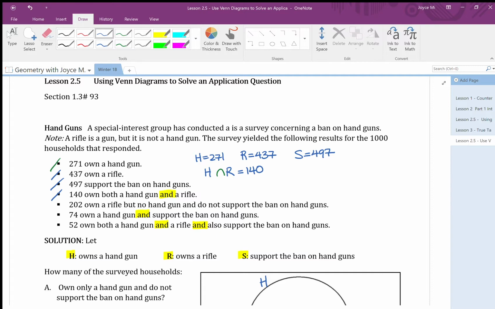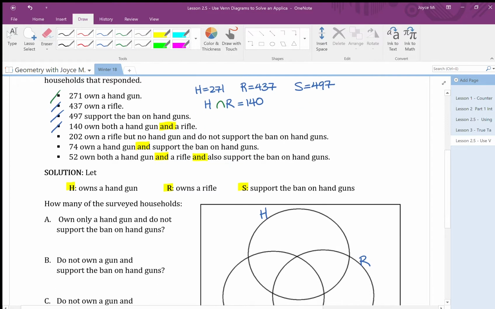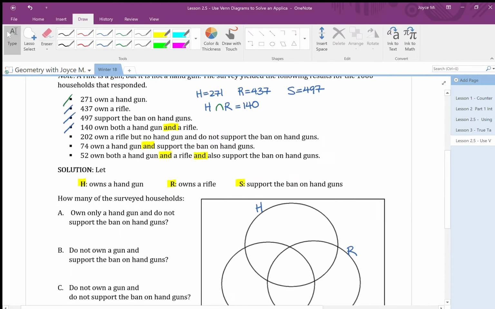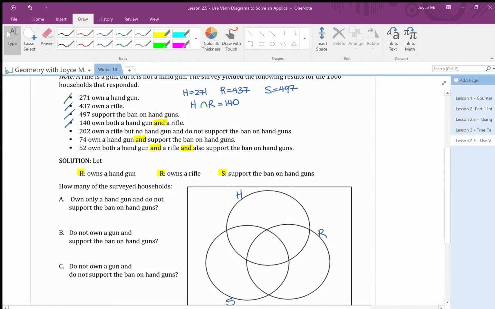Let's understand which region is referred to here. Let me make it a little smaller so we see the whole circle. It said 202 own a rifle. Owning a rifle is everything inside here. It says, but no handgun.